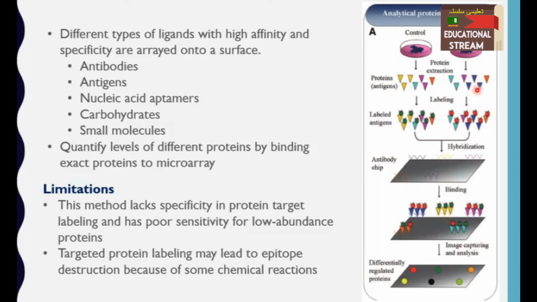So we have given different colors to different proteins, and then these two protein samples are mixed, and this mixture is used to incubate with the array which contains the antibody chips. Spots that show up as green or red have an excess of proteins from one sample over the other.